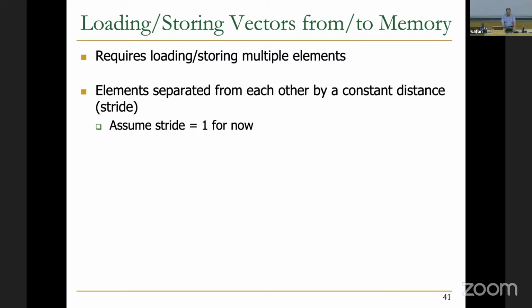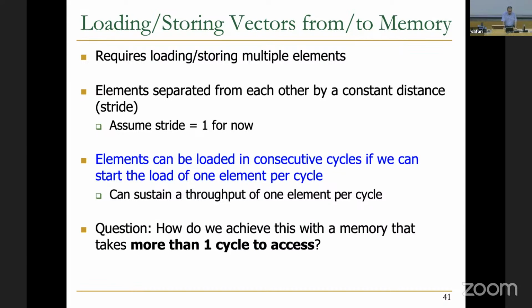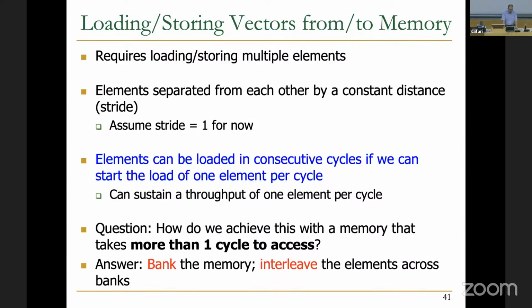Assume that our stride is 1. Then elements can be loaded in consecutive cycles if we can start the load of one element per cycle. That's the key, because then you get this beautiful pipeline where elements are loaded every cycle. But this needs a lot of throughput and a good design. The goal is to sustain a throughput of one element per cycle, and we can achieve that with multi-banking.